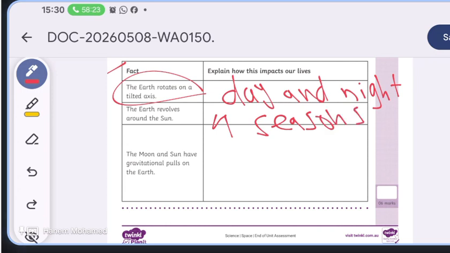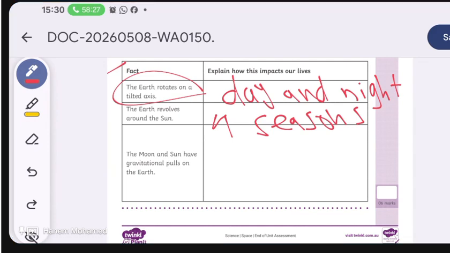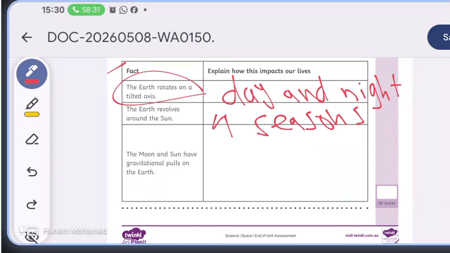The moon and sun have gravitational pulls on the Earth. Okay, let me explain this for you. The moon has gravity on Earth. When you go to the beach in the vacation, you can see the tide. It means the water is moving forward and backward.